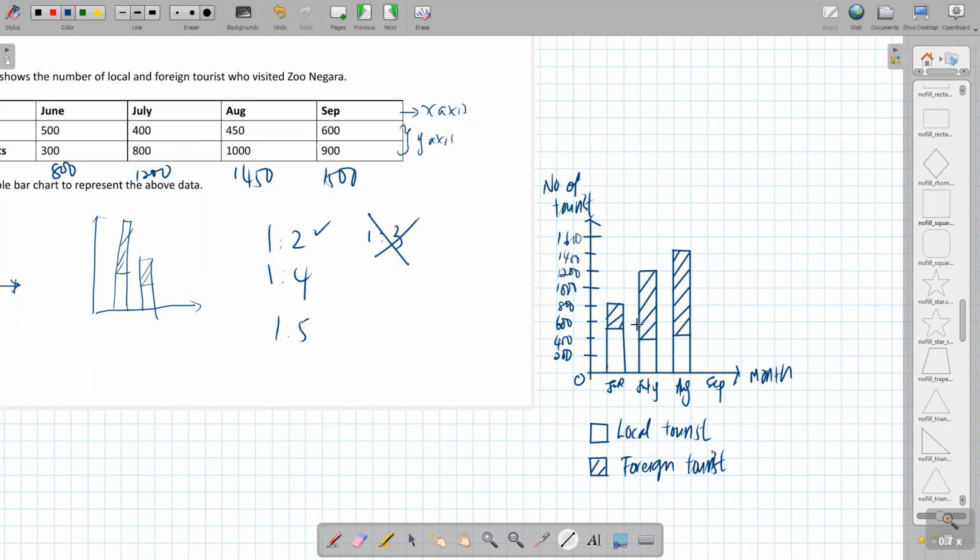Then next September, we have 600 and 900, make a total of 1,500, right? So we have 600 here. Then the rest is 900.